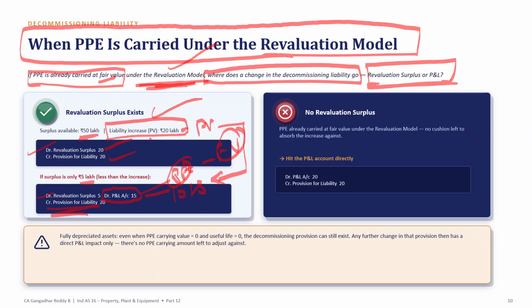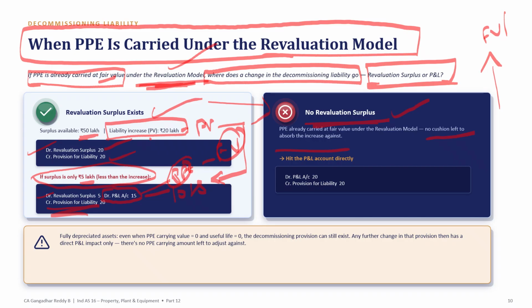Suppose in the same case, you do not have a revaluation surplus account, or your surplus account is very less or nil. PPE is already carried at fair value, so you cannot increase the asset more than the fair value due to a change in the decommissioning liability.